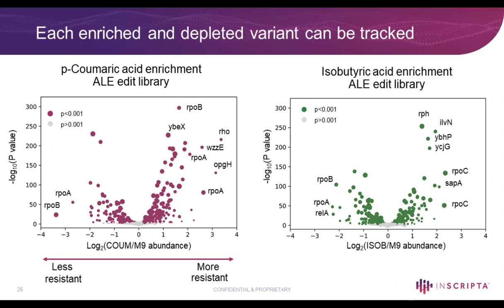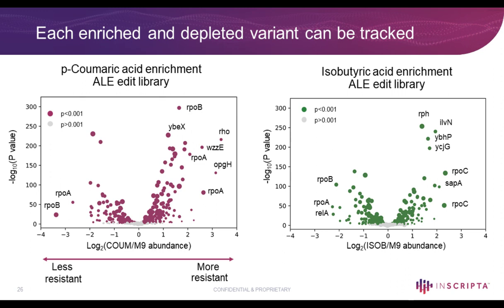So let's focus on the coumaric acid for a moment. I've highlighted here a number of individual mutations that were made in the annotated genes as being significantly more resistant to coumaric acid pressure when these modifications were made. As I mentioned, each of these points is an individual mutation. So you can see, for example, that rpoA is showing up in multiple different locations.